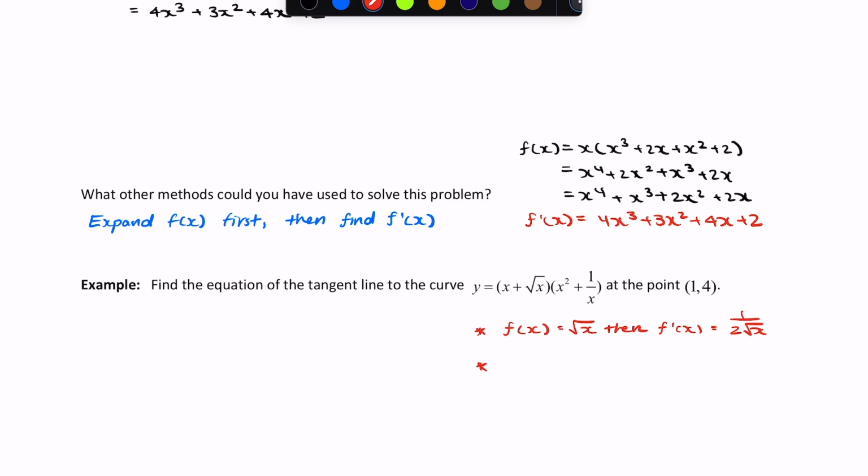And the second thing to remember is that the slope of the tangent is understood as the derivative of the function, m is equal to y prime.